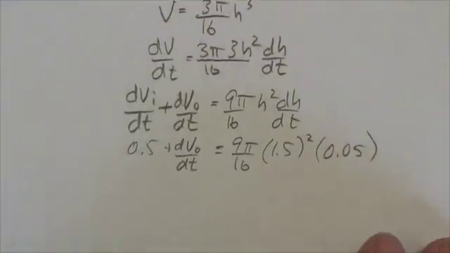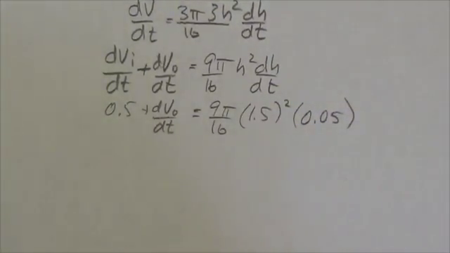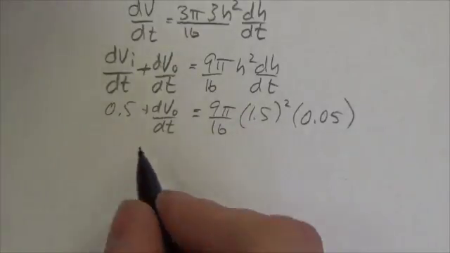I've got a bunch of decimals here, so I'm just going to leave it like that and evaluate. So this will be 9 pi divided by 16 times 1.5 squared times 0.05, and then I'm going to subtract that 0.5 to isolate dVo by dt. Minus the 0.5, and here we go.